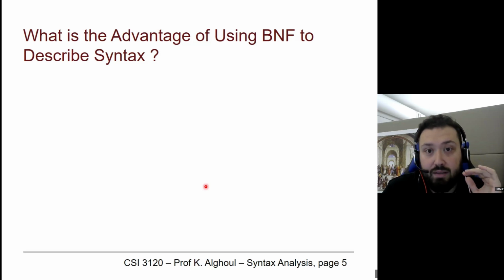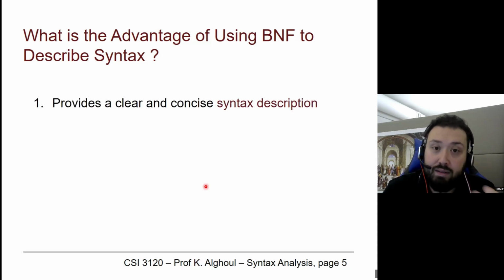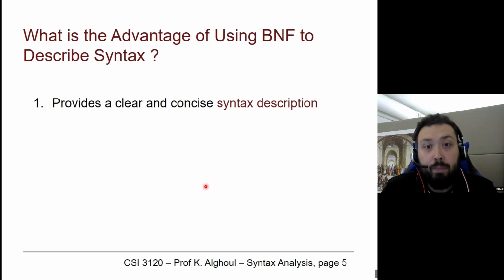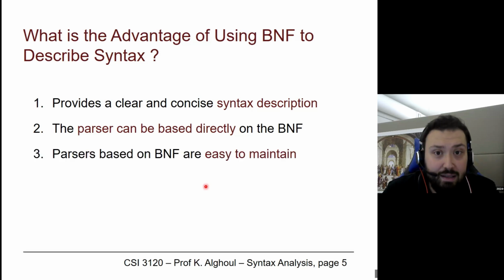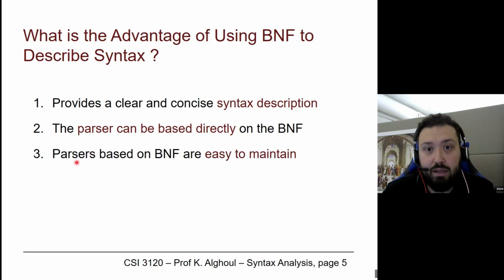So that means it provides a clear and concise syntax description. It will also help the parser to be based directly on this BNF, which will be much more precise, much easier to read, and also easier to maintain, of course. And what do we mean by parser here? We mean the syntax analyzer. So syntax analyzer and parser are the same thing for us. Okay, so if we have a specific BNF, it will be easier for us to follow and maintain this parser.